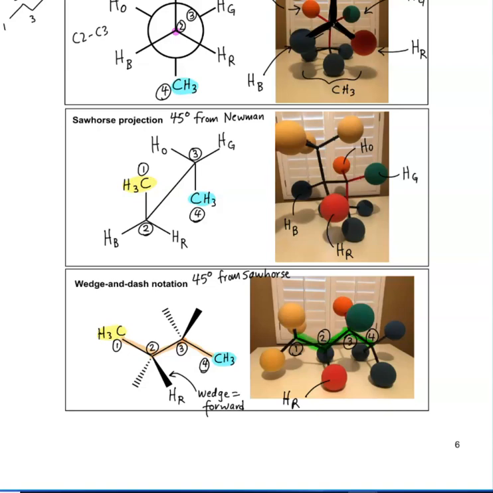And going back is the blue hydrogen. So the bond to it we depict with the dash. So a dash means going back behind the plane. So a dash is going behind the plane, and a wedge is coming forward out of the plane and toward the viewer.